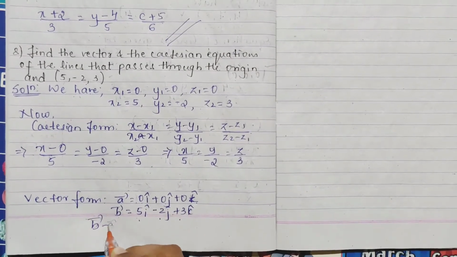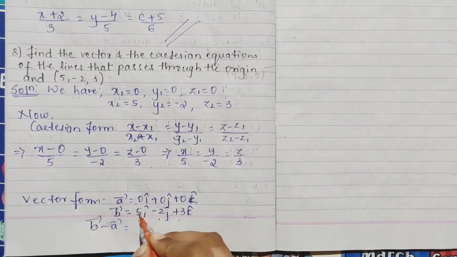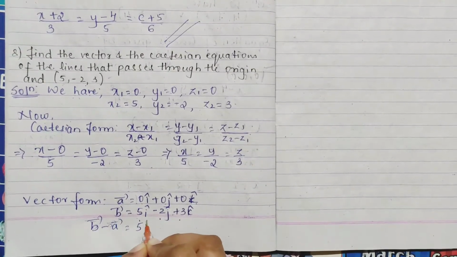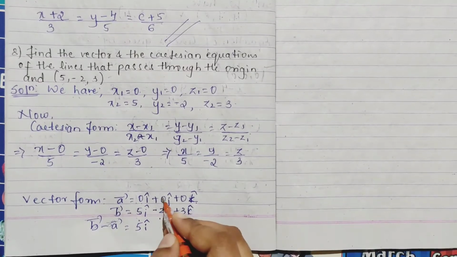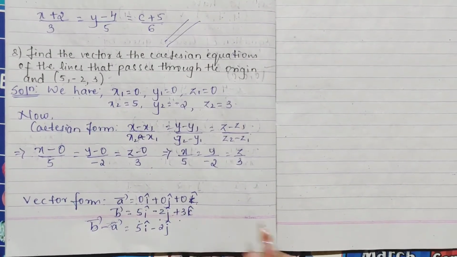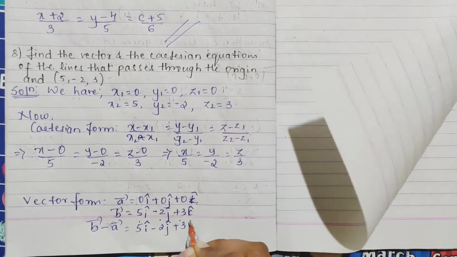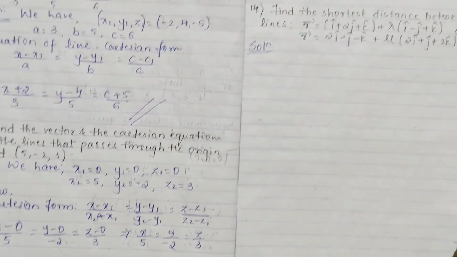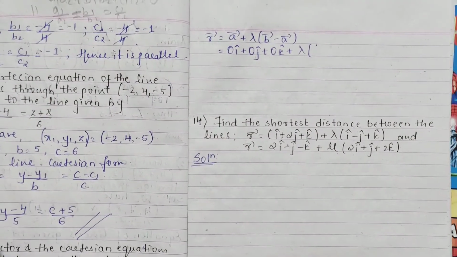If you want, we will do it here only. 5 minus 0, you'll get 5 i cap; minus 2 minus 0, again you'll get minus 2 j cap; 3 minus 0, again you'll get plus 3 k cap. So B minus A vector you have got; we will fill it into the formula.